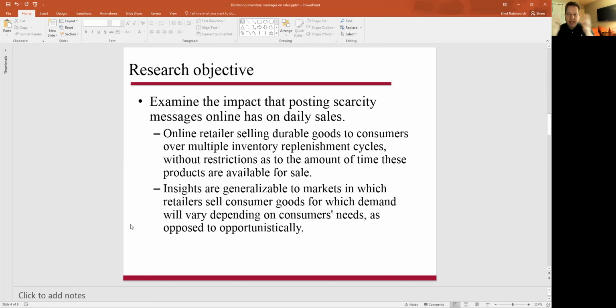So again, the idea is to analyze the disclosure of this inventory information in an environment that may be more generalizable than flash sales environments are, and understand how this information influences demand when that demand depends on consumer needs, as opposed to opportunity.